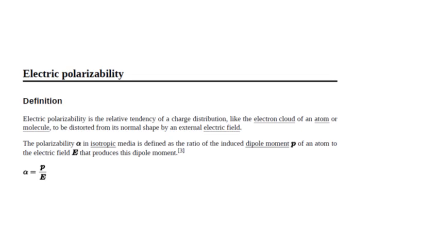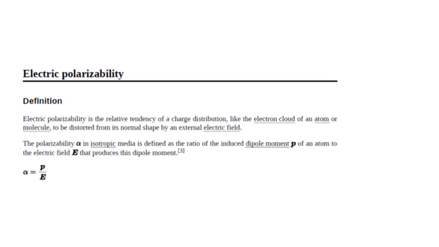This distortion is called electronic polarization if it is due to electrons, as we have discussed in the previous slide. That is why we apply an electric field there.